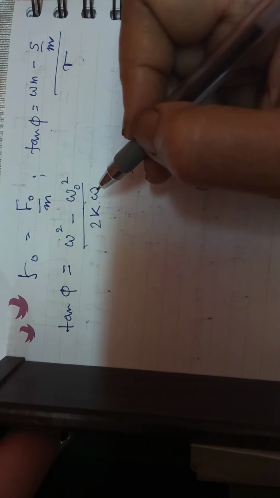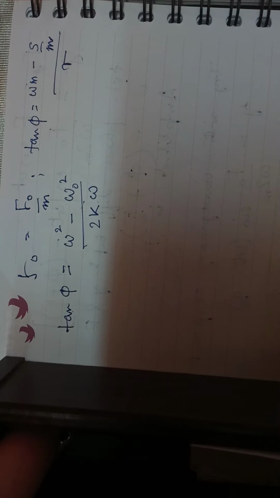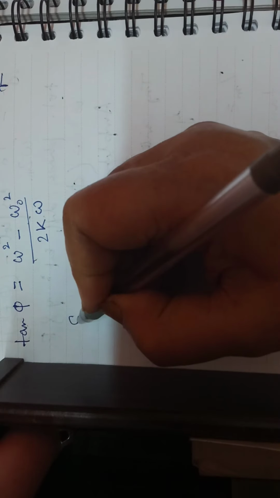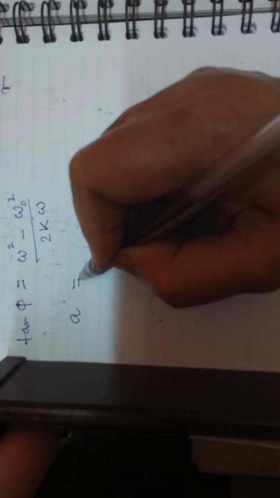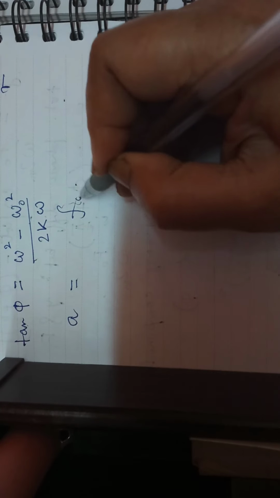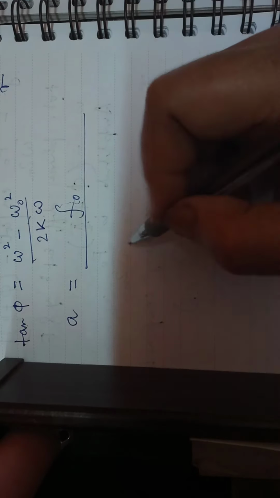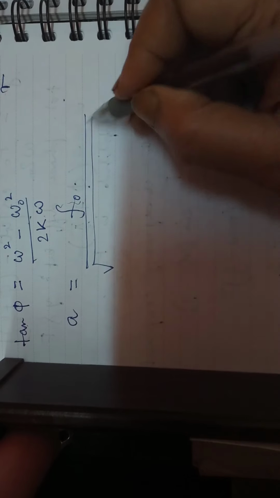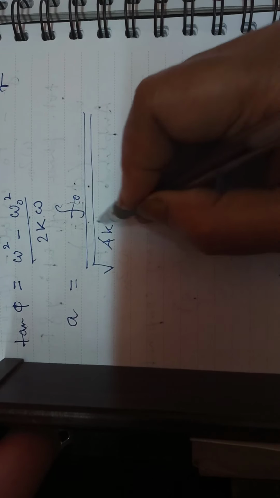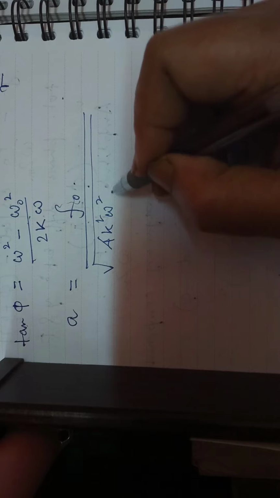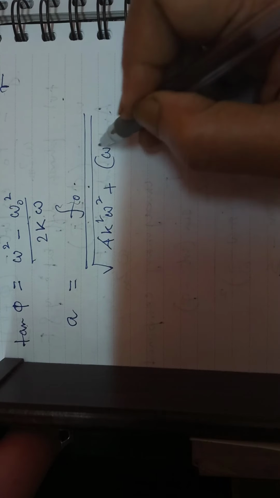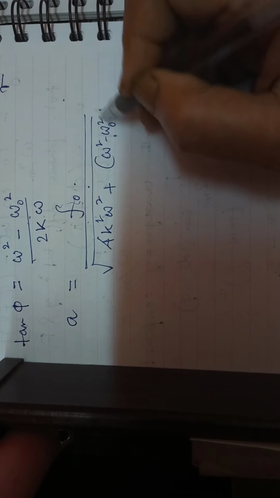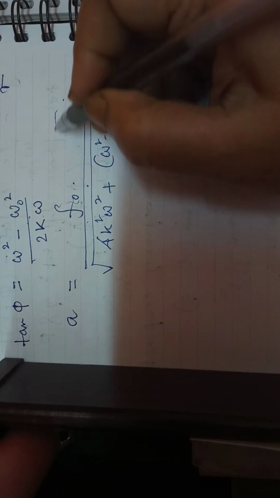Now you write the displacement amplitude A as equal to f0 divided by the square root of 4k square omega square plus (omega square minus omega 0 square) whole square. This proof is very important for the coming discussion.